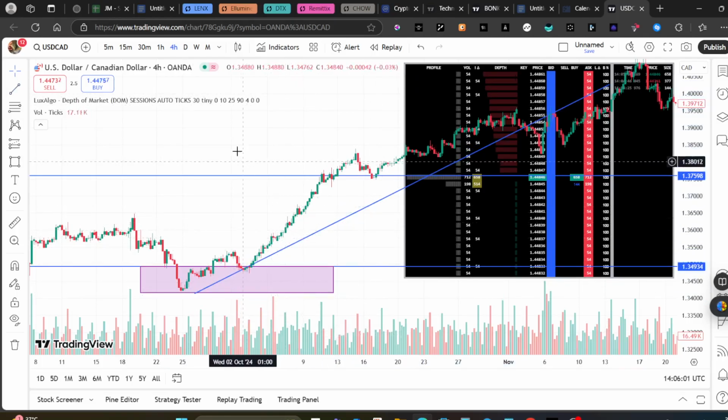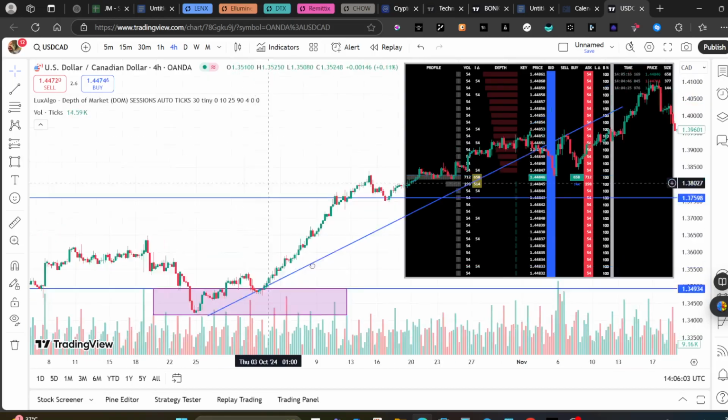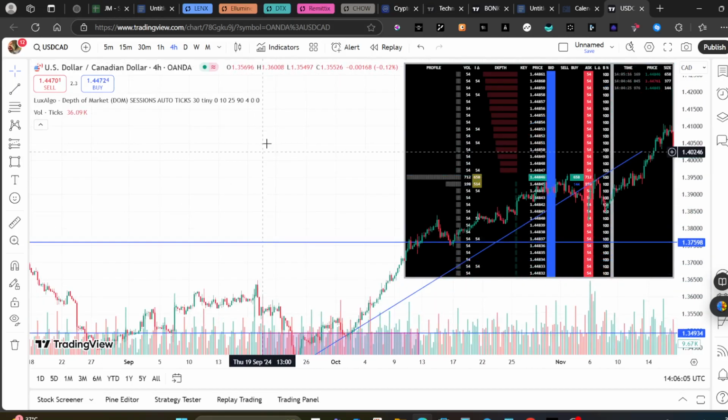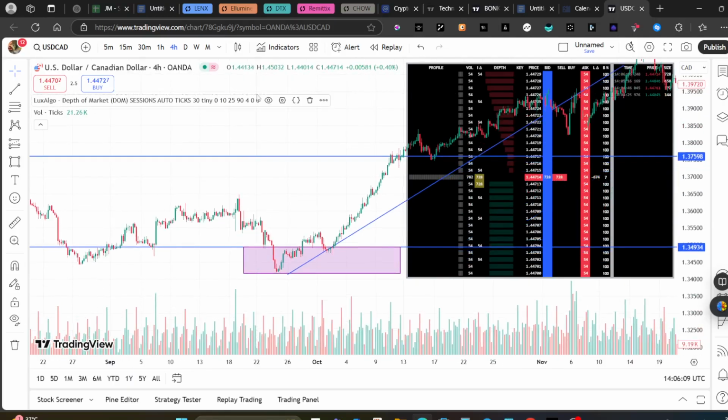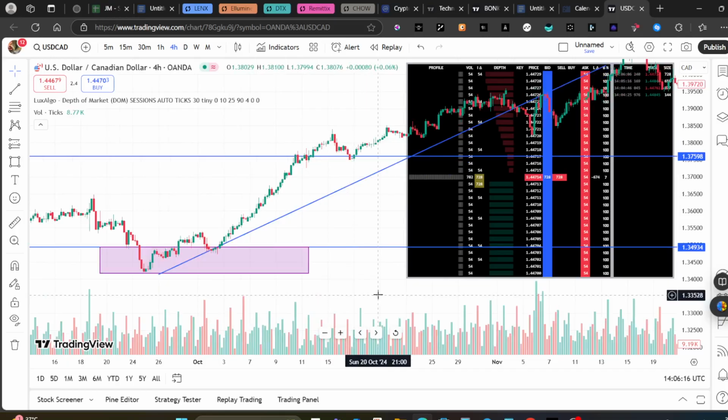On the other hand, a stacked sell imbalance at resistance suggests that sellers are overwhelming buyers, increasing the chances of a downward move. Okay? So now that we know how to identify stacked imbalances, let's talk about the best ways to trade them.